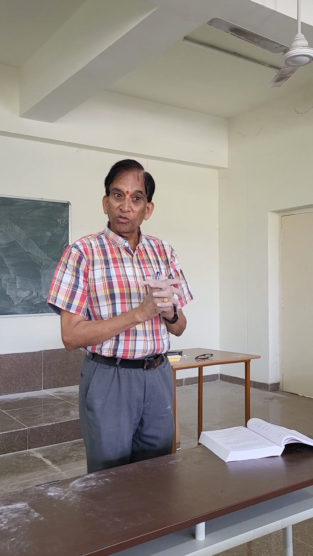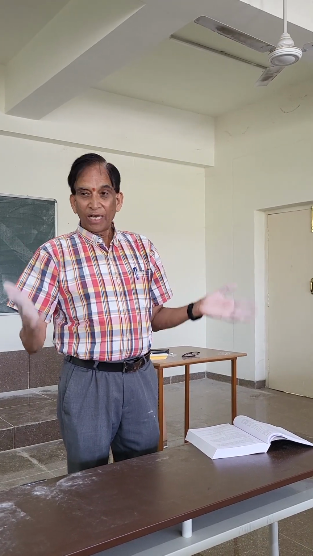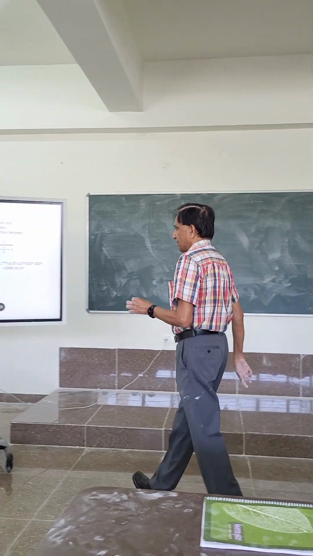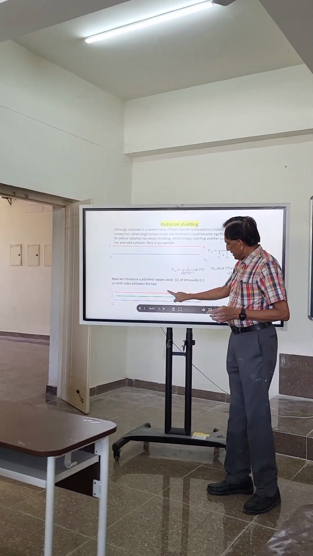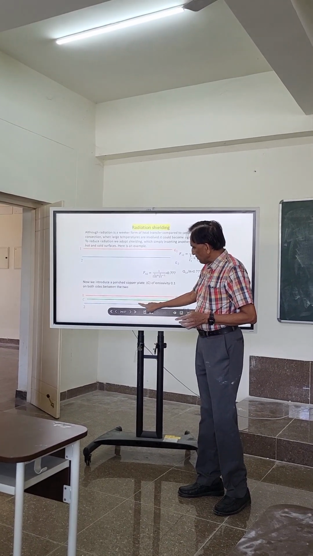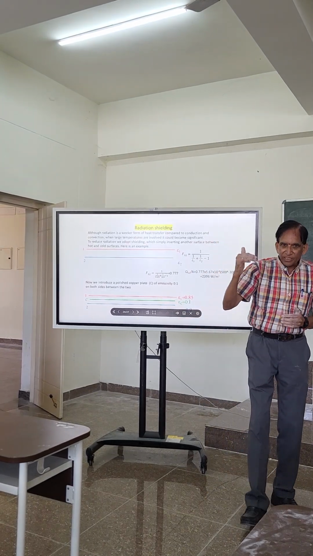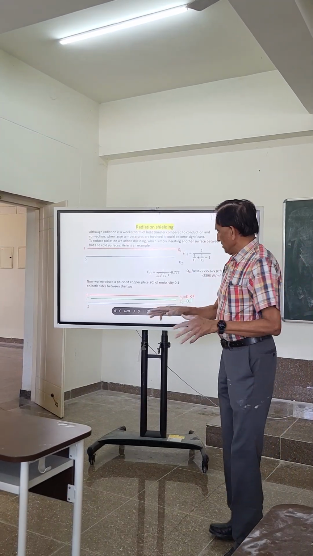Now we will calculate the radiation and find out how much it is. Shall we do that one? First, conservation of energy requires radiation from the hot surface to the cold surface. This shield only reduces the radiation but can't prevent it.